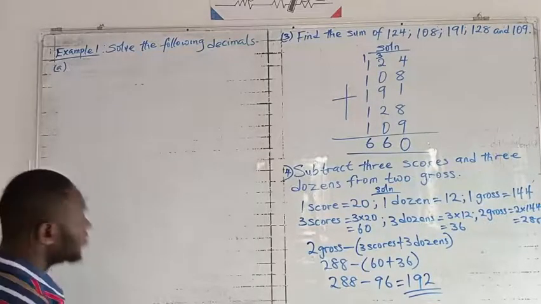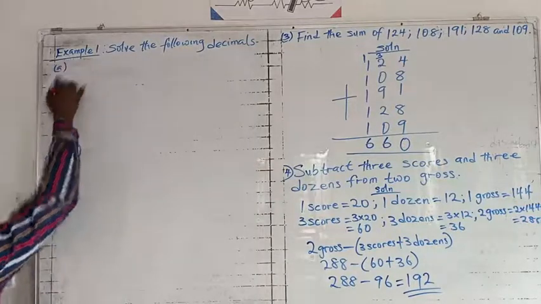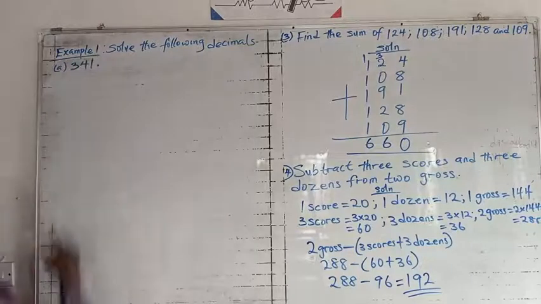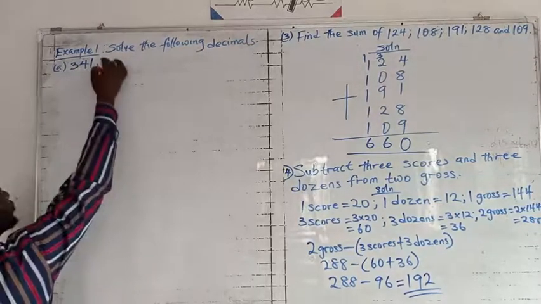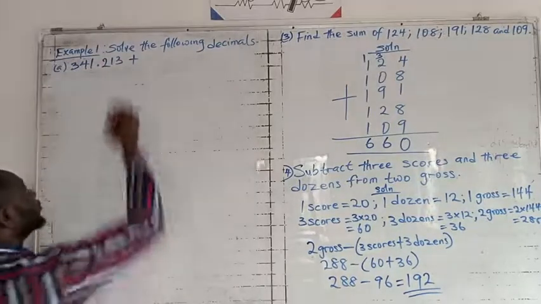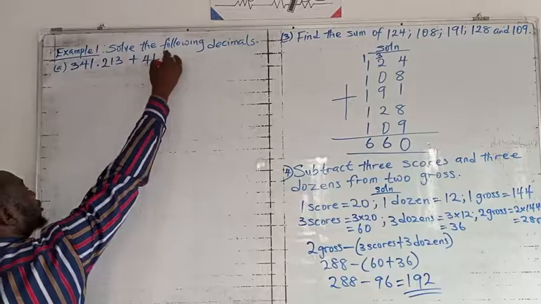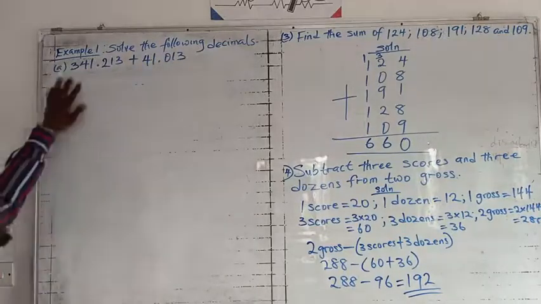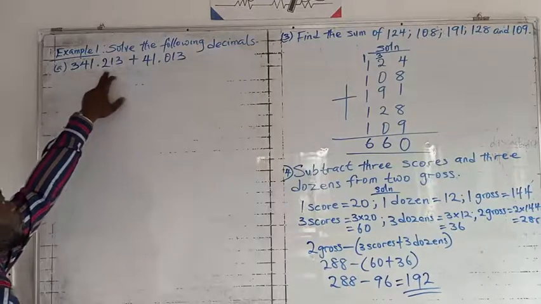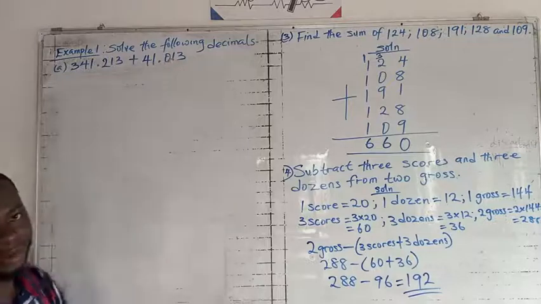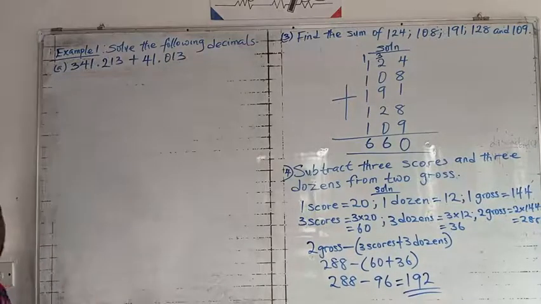A: 341.213 plus 41.013. Remember, the decimal values are pronounced digit by digit. Okay, let's solve.